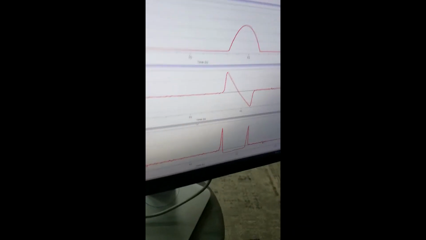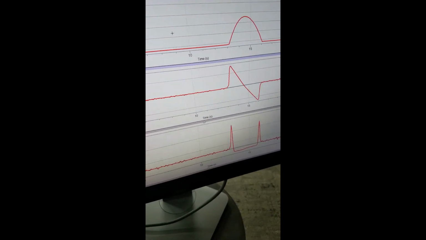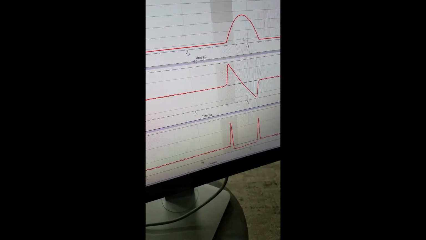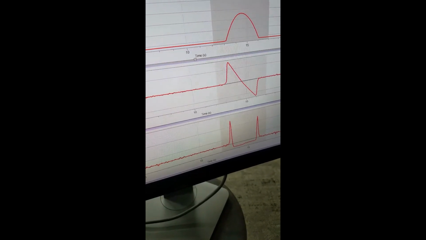So as you can kind of see, we have a couple of extreme cases. And now we're going to just look at this little section here.